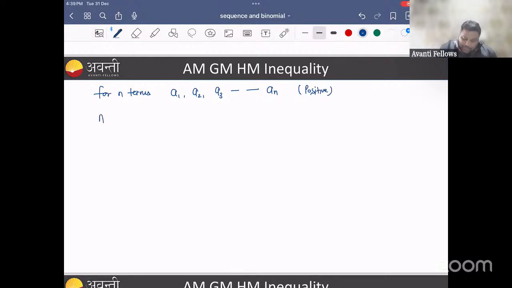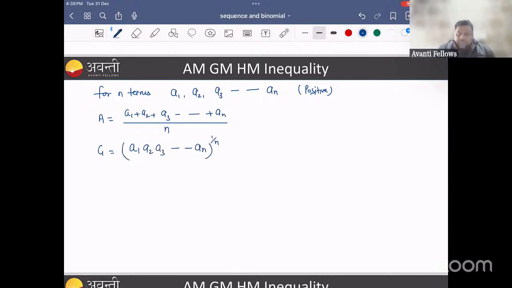Their arithmetic mean A is A1 plus A2 plus A3 and so on up to AN upon N. Their geometric mean is A1 A2 A3 up to AN whole raised to the power 1 by N. And their harmonic mean is N upon 1 by A1 plus 1 by A2 and so on up to 1 by AN.